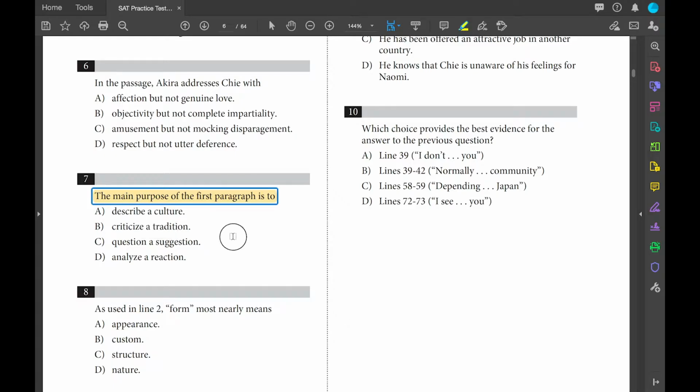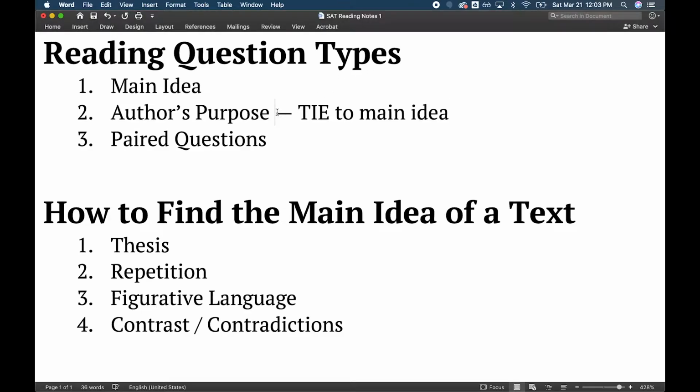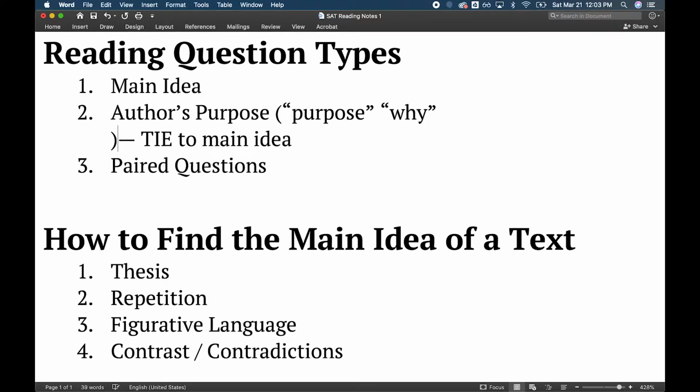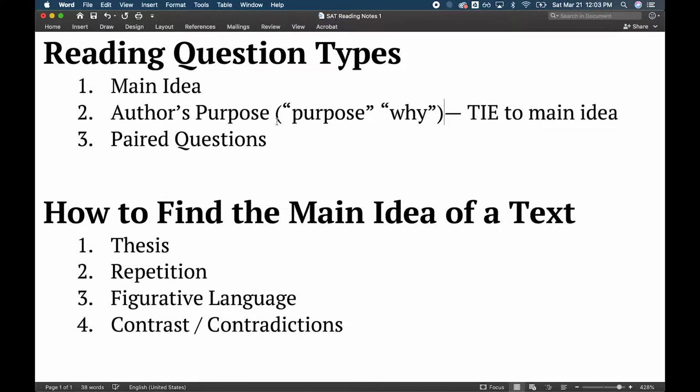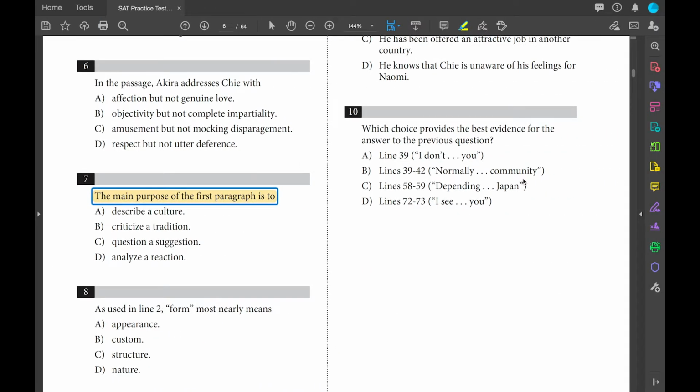If it's saying, hey, why is the author doing this? It's a main idea question. So it's usually going to have the words purpose or why is the author doing something in this. Good. And then your job is just to tie it to the main idea. So we know the main idea is that this surprising request happens.